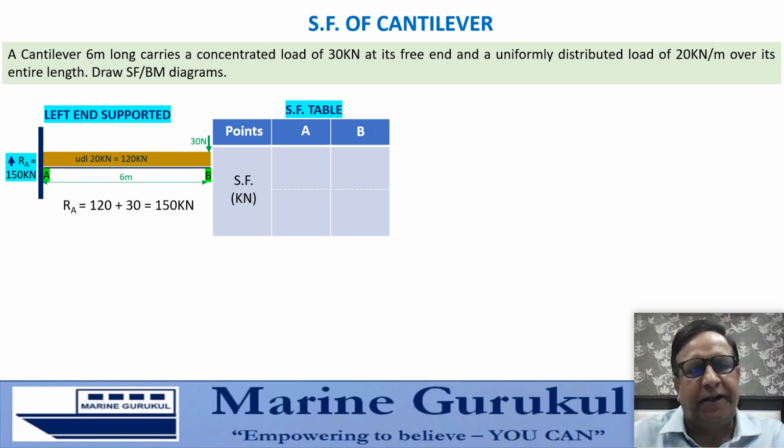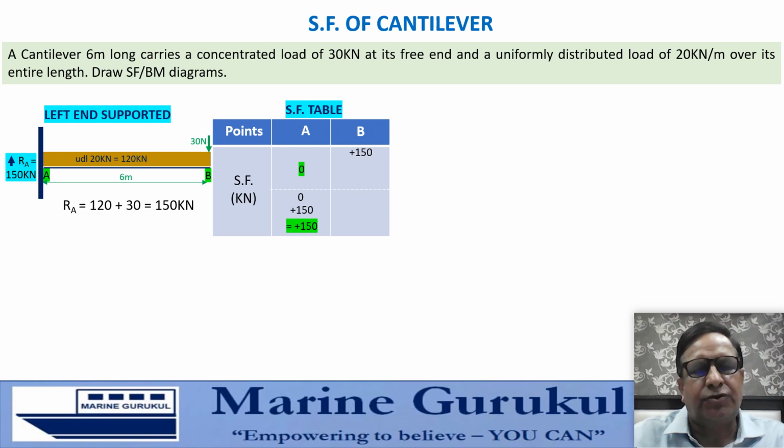Just to the left of A, the shearing force is 0. We carry forward the 0, and as we move just to the right of A, plus 150, the reaction comes into play and the shearing force changes to plus 150. That means the shearing force changes from 0 to plus 150 at point A. We carry forward this plus 150.